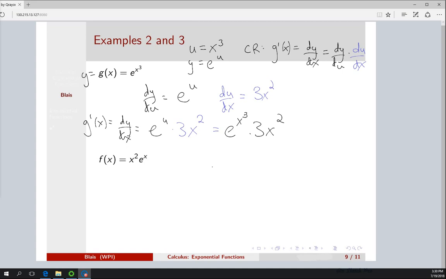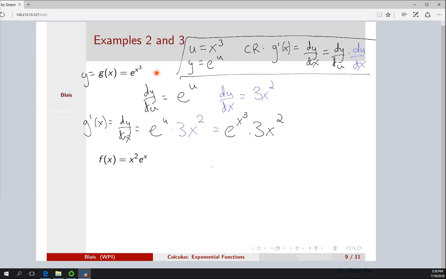Now, when we did this, we wrote out explicitly the intermediate variable u, so we could formally show how we use chain rule. It's fine to go from this g of x straight to this step. The way that you would do that is say the derivative of the outer function, leaving the inner function alone, e raised to a variable, differentiate with respect to that variable, we get e to that variable. But then we multiply by the derivative of that, which is 3x squared.